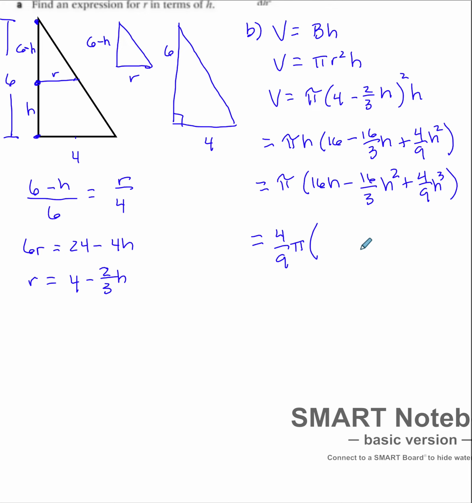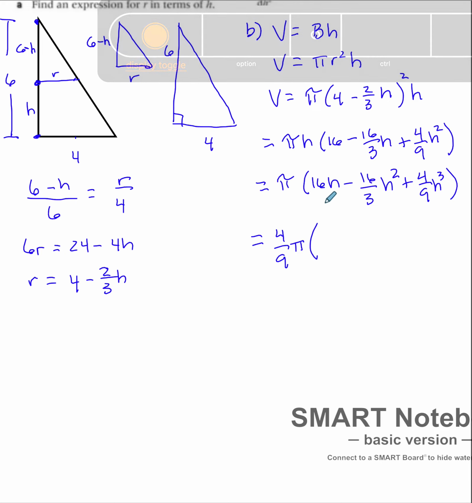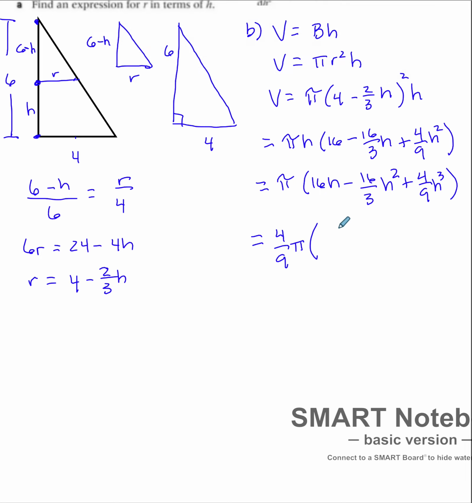Well, 9 over 4 times 16 is indeed equal to 36. So that's 36h. 9 over 4 times negative 16 over 3 is negative 12.